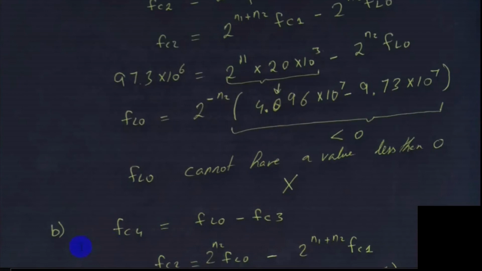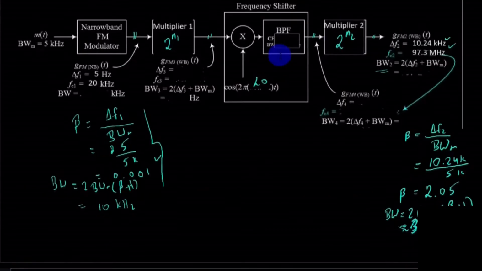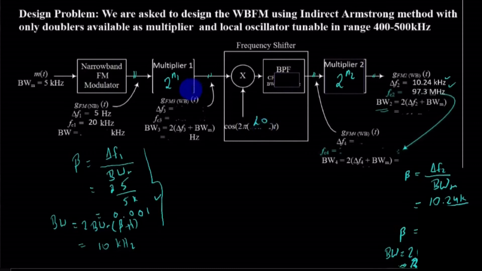Next we move on to the second option, that is the local oscillator minus FC3. Again the same procedure: you would have the local oscillator minus FC3. You know that 2 power n2 is multiplied by everything. So 2 power n2 would be multiplied with the local oscillator, and then there will be a minus sign, and then 2 power n2 would multiply with 2 power n1, and then with the carrier frequency FC1, which is 20 kilohertz.